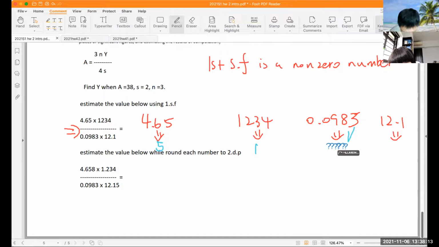The last one: if you don't know the third one, 0.0983, it's okay. Okay, are you done?